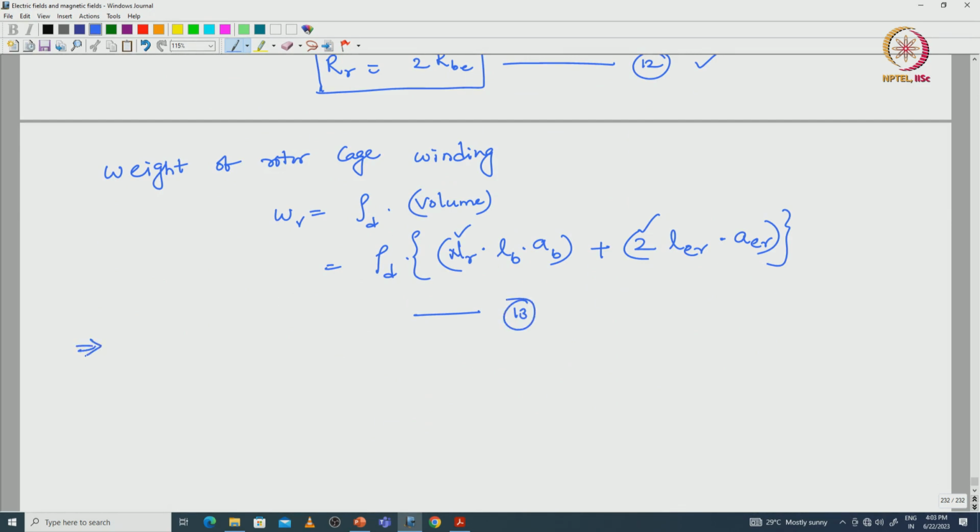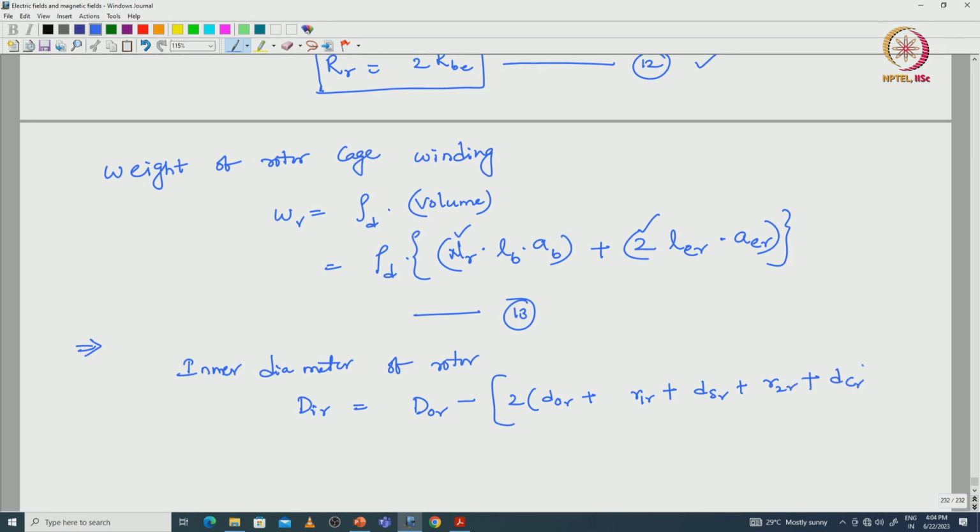Now, in order to calculate the inner diameter of the rotor, DIR is equal to the outer diameter minus 2 into the slot opening height, that is D naught R, plus the radius at the slot upper side, the slot depth DSR, the radius at the bottom side of the rotor slot, and the back iron width.